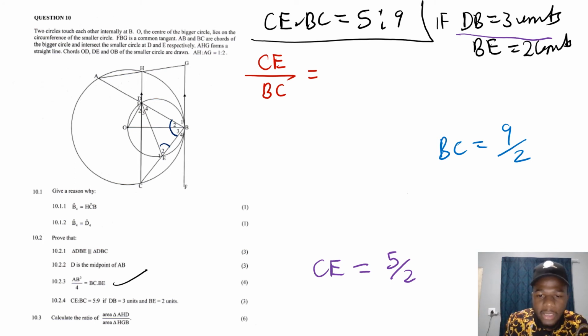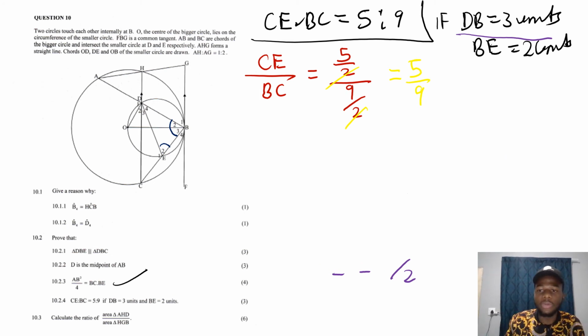CE is 5 over 2 over BC, 9 over 2. Mathematically, these two can be divided by that 2, so that you'll be left with 5 over 9.